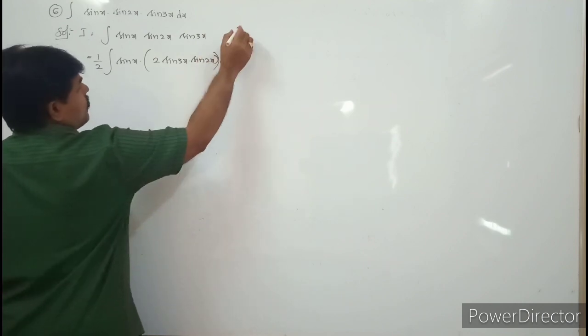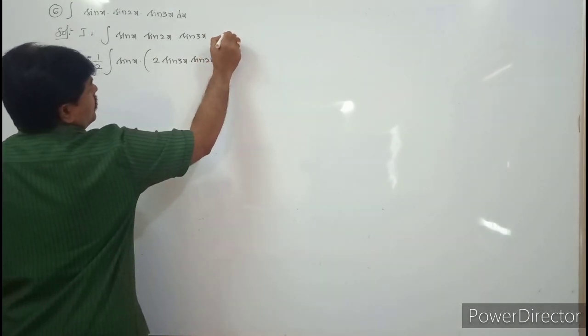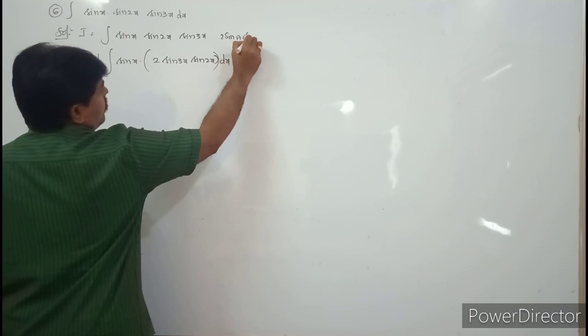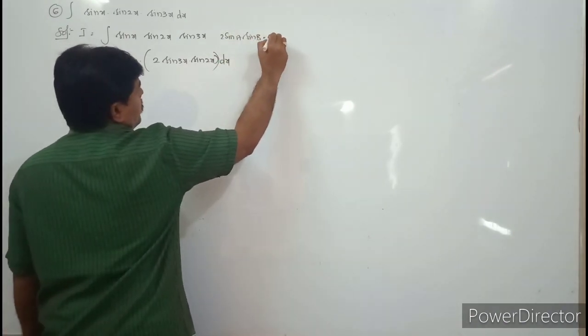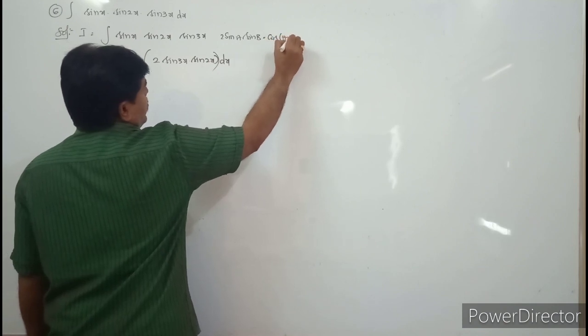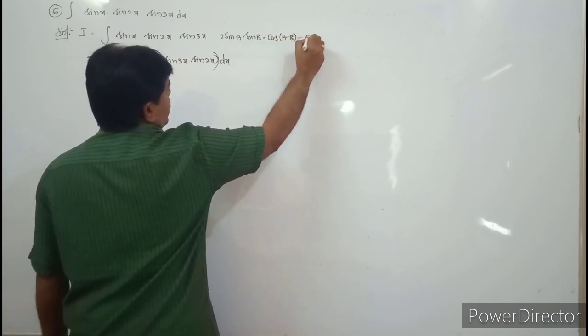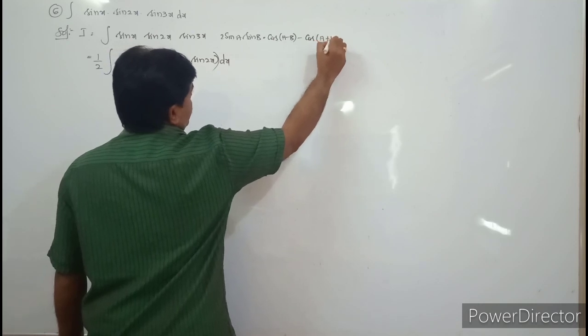So what is the formula here? 2 sin a sin b. The formula for 2 sin a sin b is cos of a minus b minus cos of a plus b.